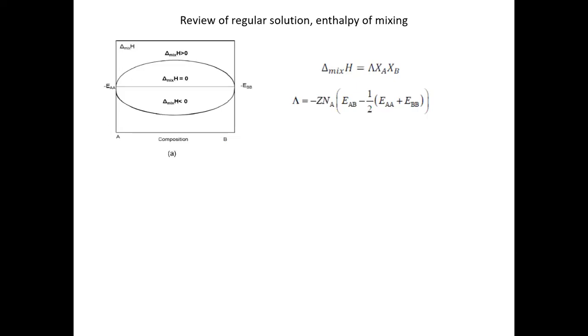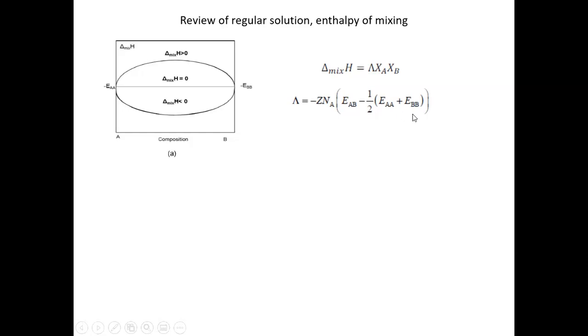Basically you break some A-B bonds, you form some A-B bonds, and the enthalpy of mixing depends on the molar fractions of both A and B atoms through this equation. This capital lambda, or we have used omega, but that's the same thing, depends on the bonding energies between AA, BB, and AB.